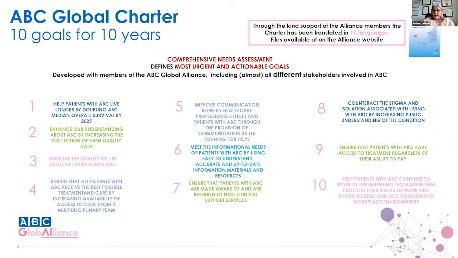And I don't have the time to go into the details, but you can also use this charter that is translated in 17 languages. You can use it as a lobby tool in your country and say, this is what metastatic patients need, and this is what I need to have in my country for metastatic patients.